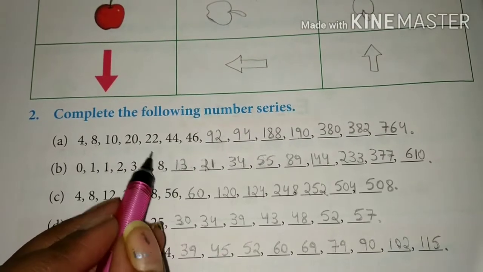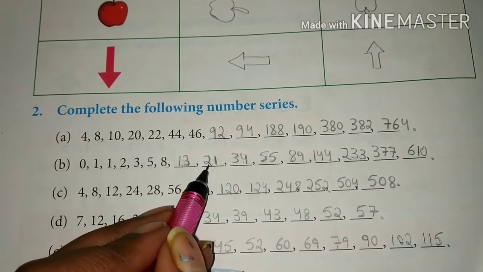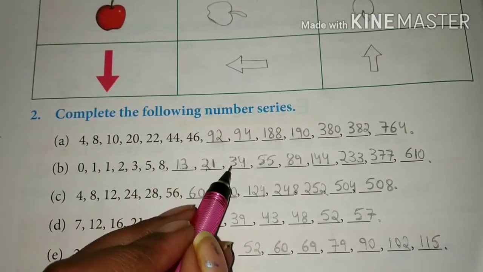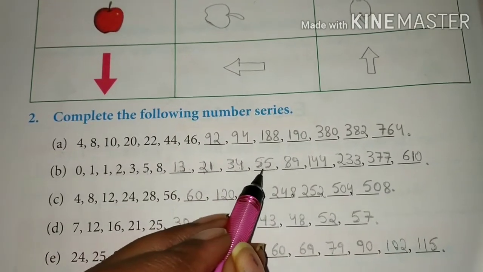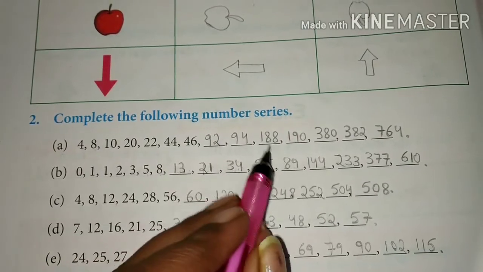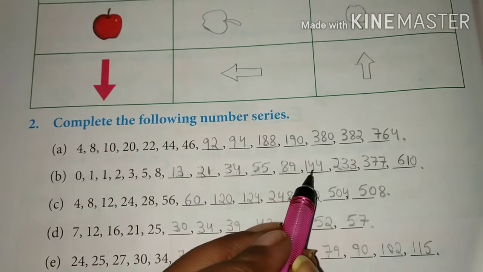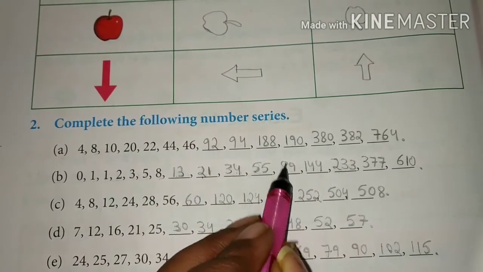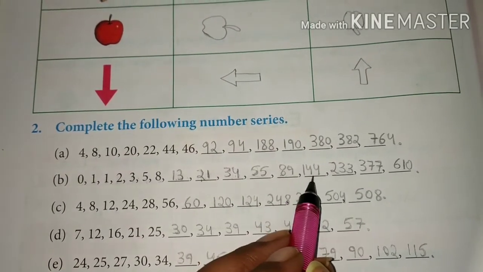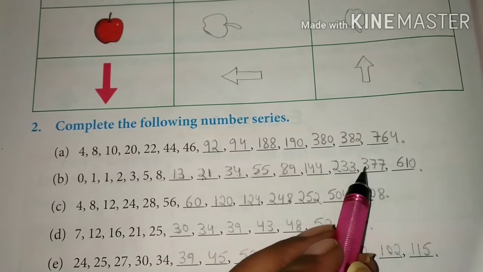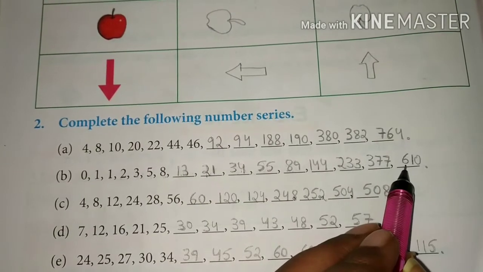So, 8 plus 5 is 13. 13 plus 8 is 21. 21 plus 13 is 34. 34 plus 21 is 55. 55 plus 34 is 89. 89 plus 55 is 144. 144 plus 89 is 233. 233 plus 144 is 377. 377 plus 233 is 610.